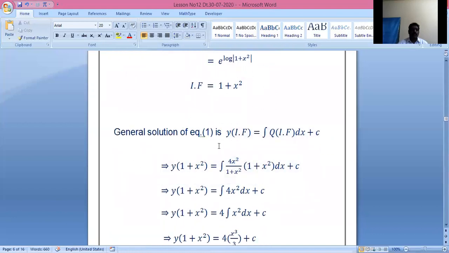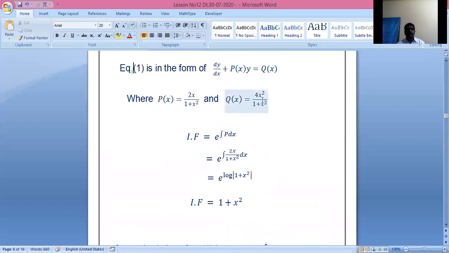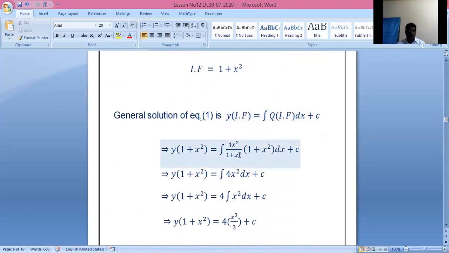The general solution of equation 1 is y into IF is equal to integration of q into IF into dx plus c. That implies y into (1 plus x square) is equal to integration of q, here q is 4x square by (1 plus x square), into (1 plus x square), the IF, into dx plus c.